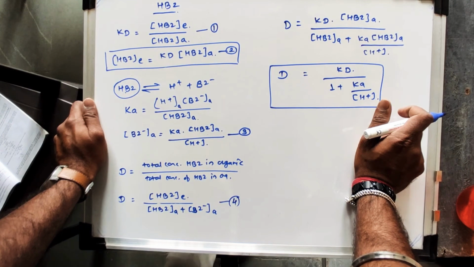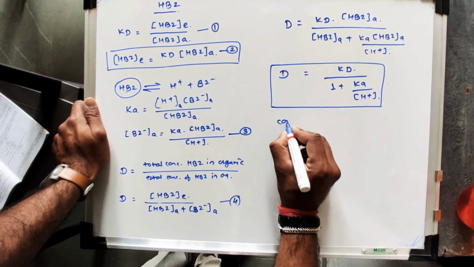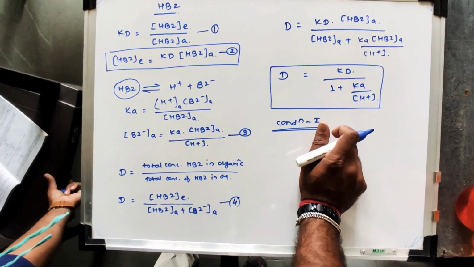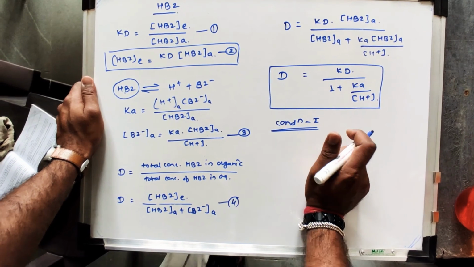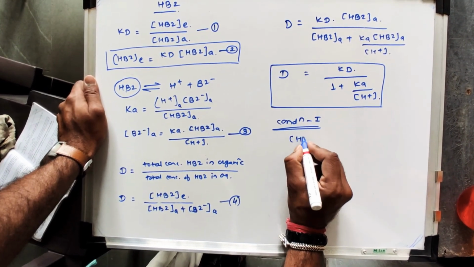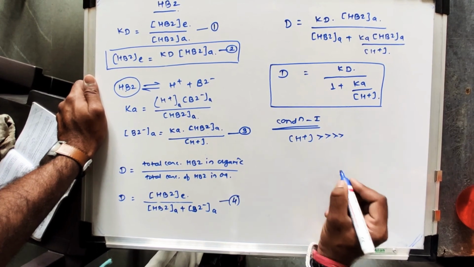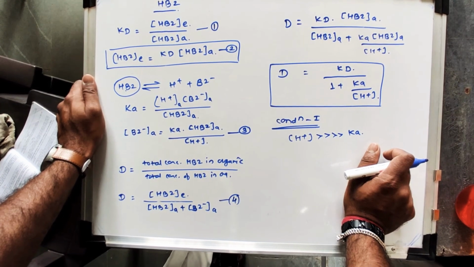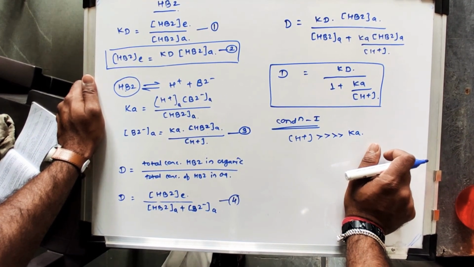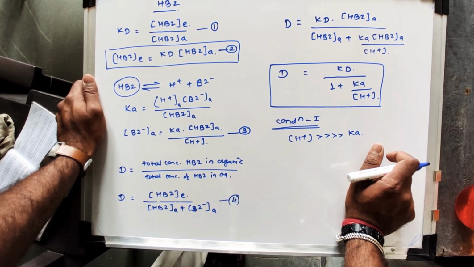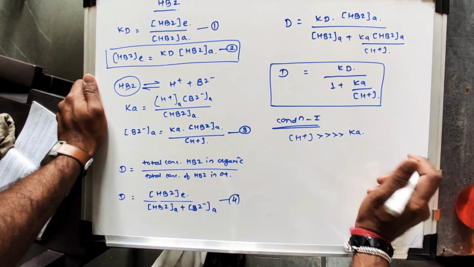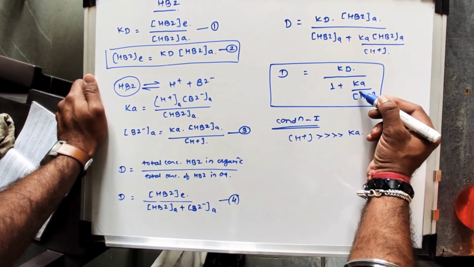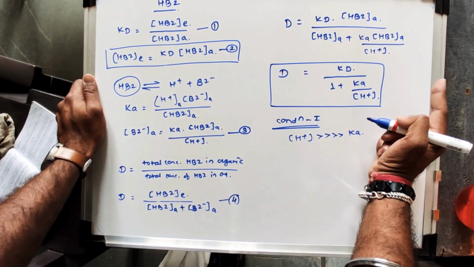Now applying some conditions. Condition first: if the concentration of H plus ion is far greater than Ka, that means the solution is acidic. If this situation is achieved, then this value is so small, and 1 plus that small value is approximately equal to 1.